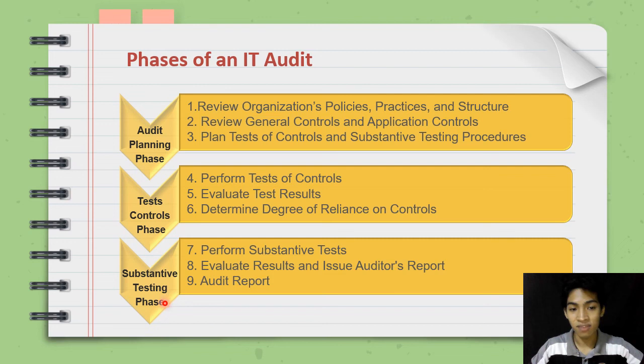Now, for the last phase, the substantive testing phase, this includes the seventh step, which is to perform substantive tests. Eighth step, which is to evaluate the results and issue auditor's report. And the last step would be the audit report. Now, again, these are the steps involved in the three phases of an IT audit.